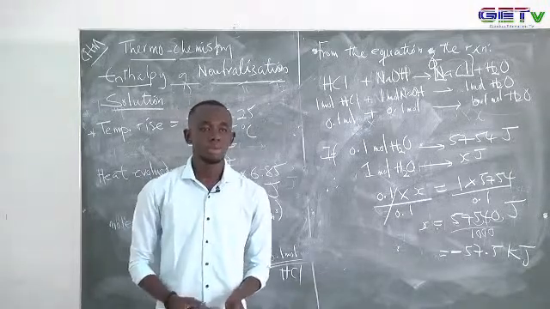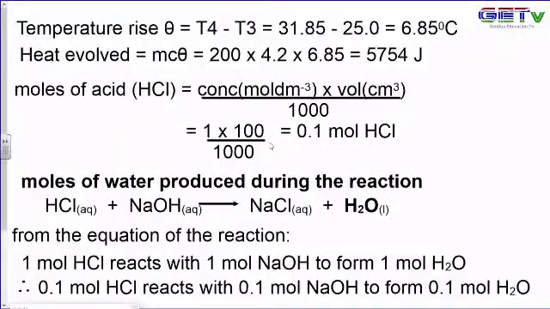Now, from the screen, we have moles of water produced during the reaction. That is, after calculating the mole of the acid, and as I initially said, you can even use the base to calculate the mole.